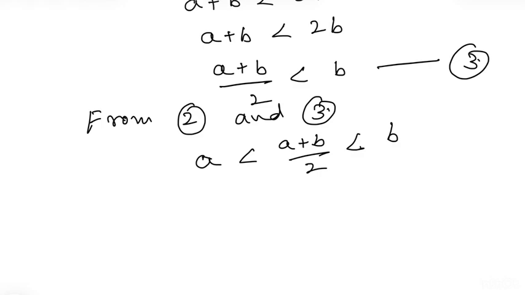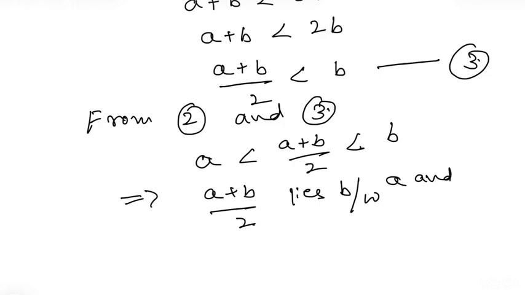It means 5 lies between 4 and 6. So this implies (a plus b) by 2 lies between a and b.